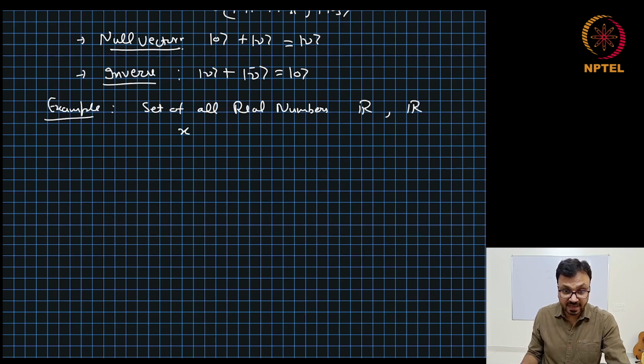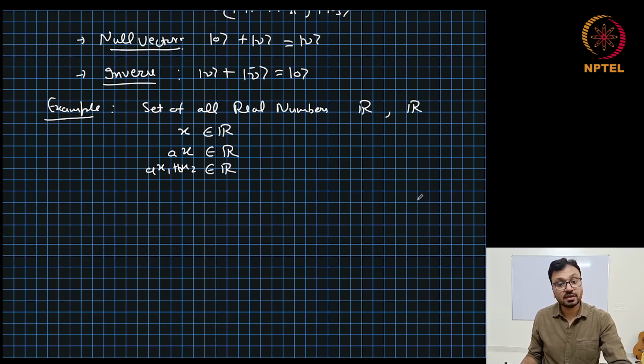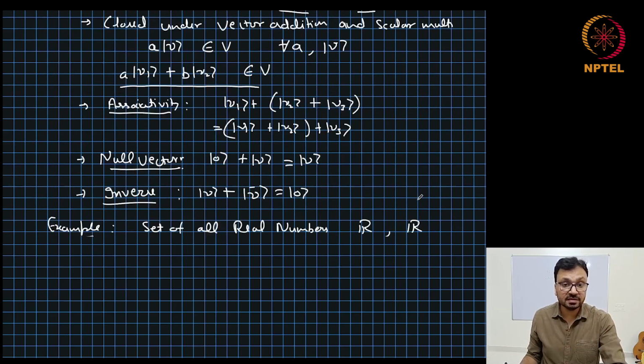If we have an x which is a real number from this set and we multiply it with a scalar a, which is also a real number, then ax also belongs to R. If we have x1 plus x2 or ax1 plus bx2, this is also a real number, so it belongs to R. So it satisfies the first condition, that it is closed under vector addition and scalar multiplication.